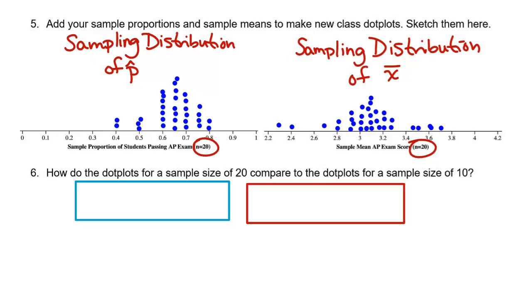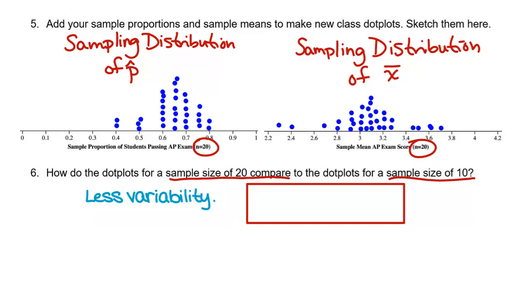The dot plots when we have samples of size 20 compared to samples of size 10, I have less variability now. It's less spread out. Yesterday's was more spread out. It was wider. Just basic shape.